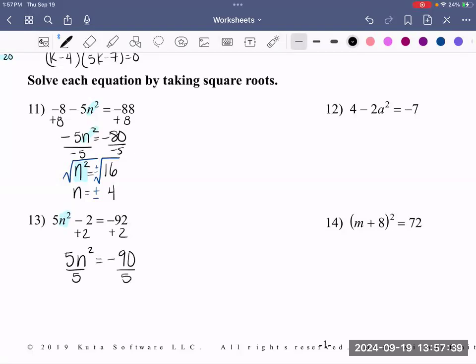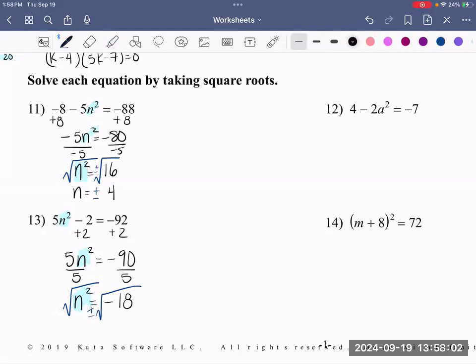So 90 divided by 5 is 18. Now we have a -18 here because our negative sign has not dropped off yet. So now that n is all alone to one side, we can go ahead and square root. Keep in mind, when we square root both sides, we need to account for the plus or minus sign.